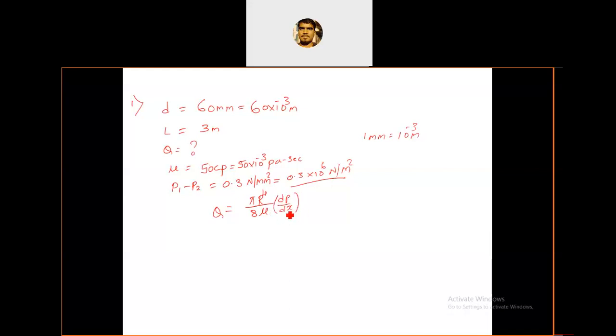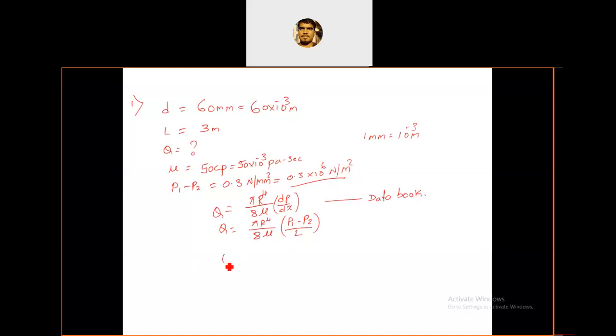You can copy this equation from the data handbook. dp by dx means change in the pressure, so dp by dx can be replaced by P1 minus P2 by L.